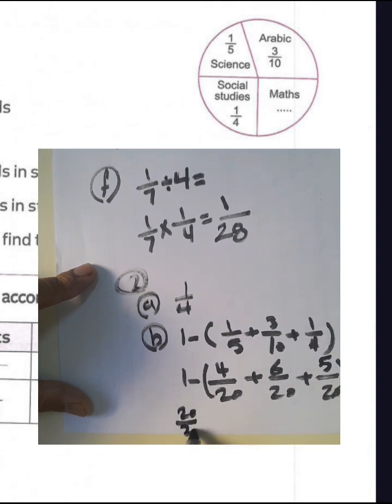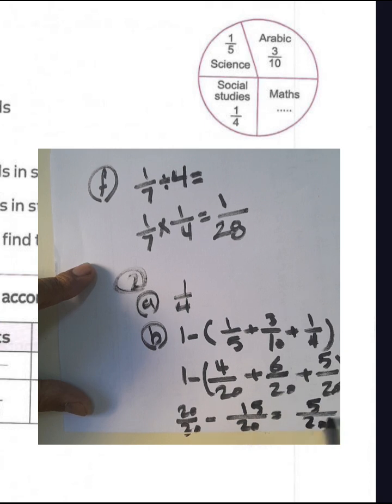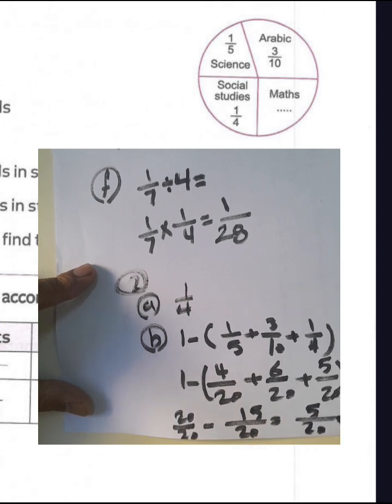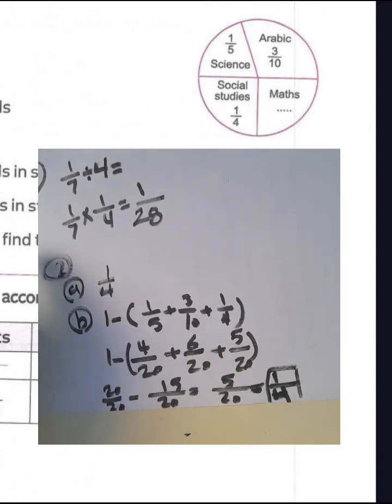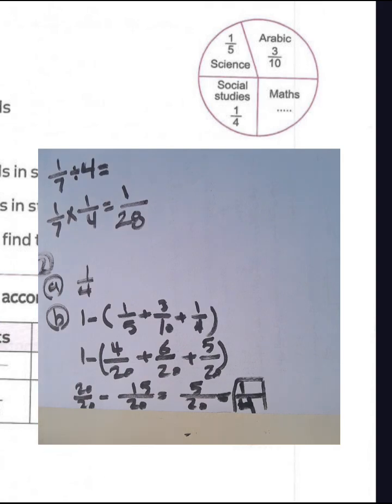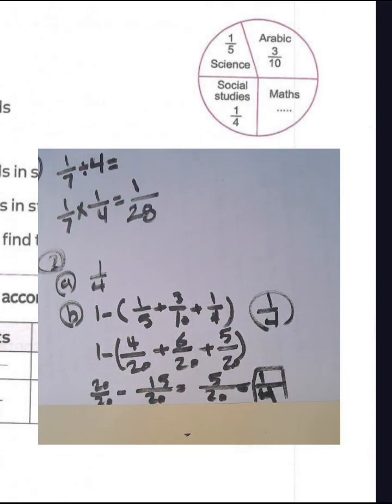Then write 20 over 20 here, subtract 4 plus 6 equals 10, 10 plus 5 equals 15, 20 minus 15 will be 5, 5 over 20 will be 1 over 4. The result will be 1 over 4. Okay, then a fourth for math, the result here for letter B.